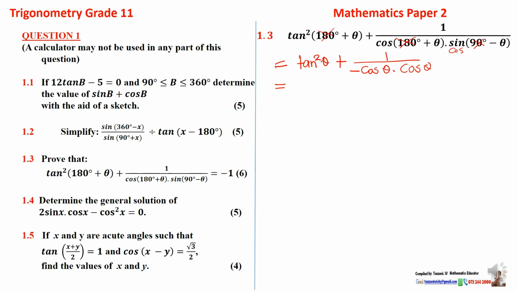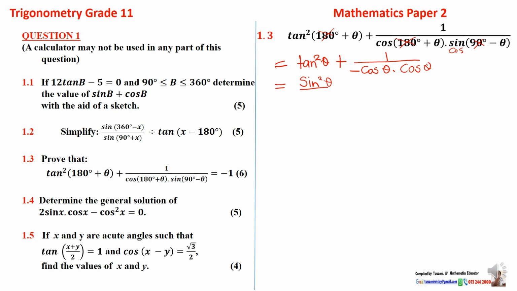Now remember, we said once you're done applying reductions and cofunctions, the next thing is to apply identities. You have two identities to think about. One, cos squared x plus sine squared x is equal to 1. Identity 2, sine theta over cos theta is equal to tan theta.